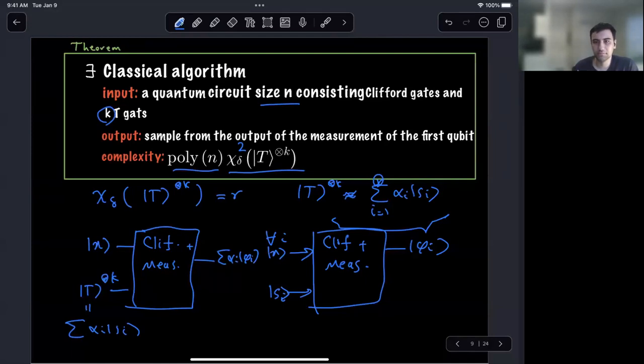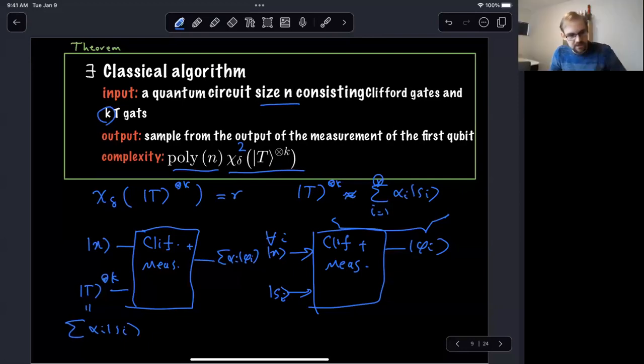But there are some smart ways of avoiding that square, where you need to use some other ideas. But yeah, that's a good point. If you do it the way I described it, you need the square. Okay, thanks.